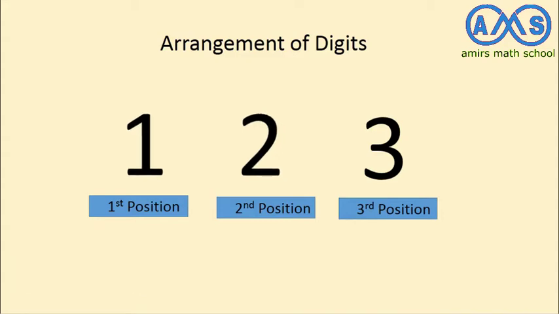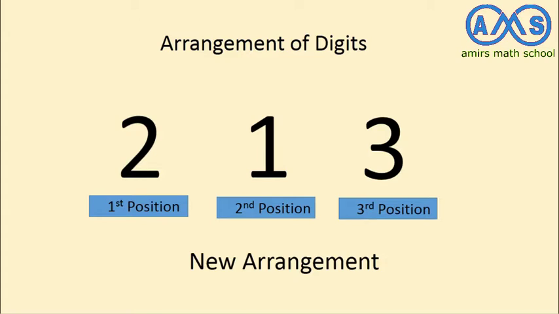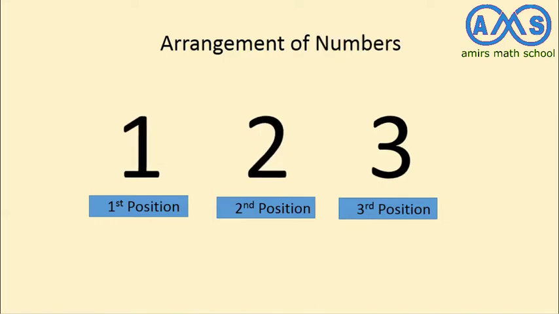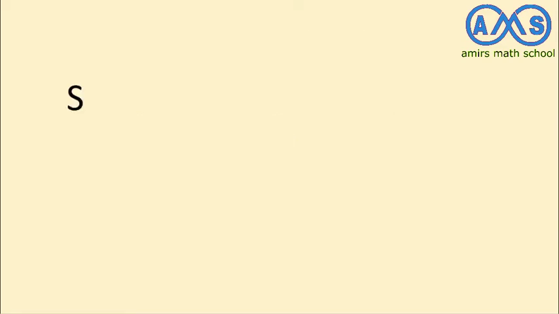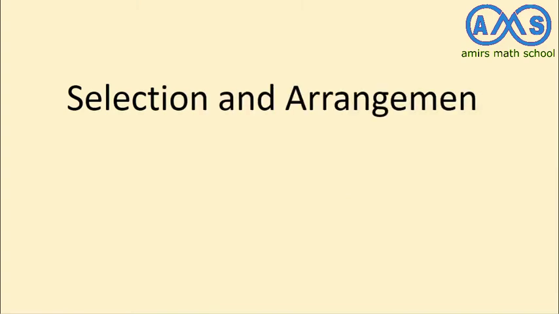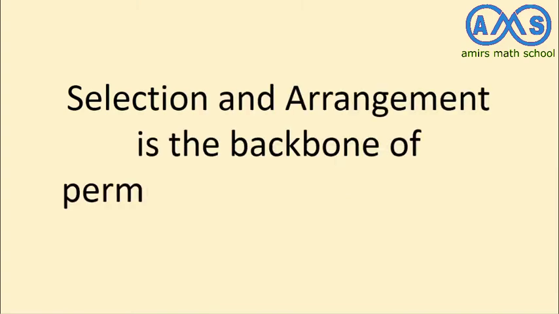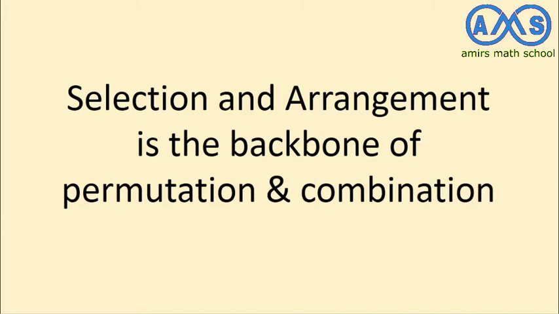If any 2 or 3 digits change their position, a new arrangement is created. That is 2, 1, 3. This is a new arrangement of 3 digits. Similarly, 2, 3, 1. This is also a new arrangement of 3 digits. Selection and arrangement is the backbone of permutation and combination.